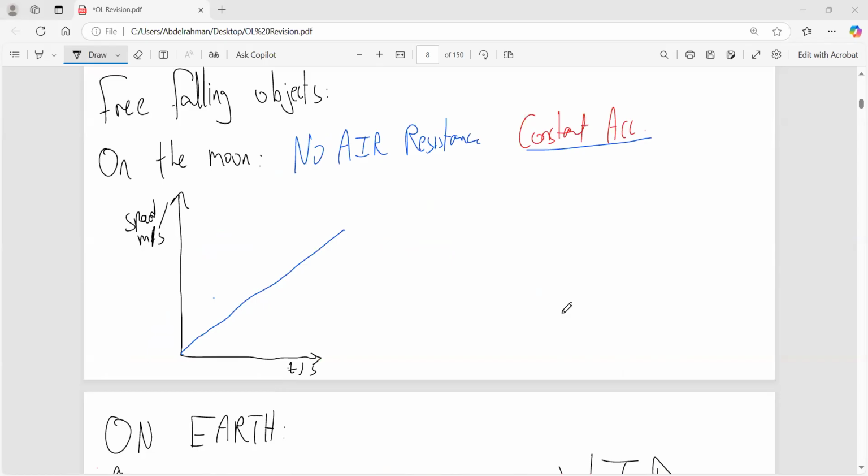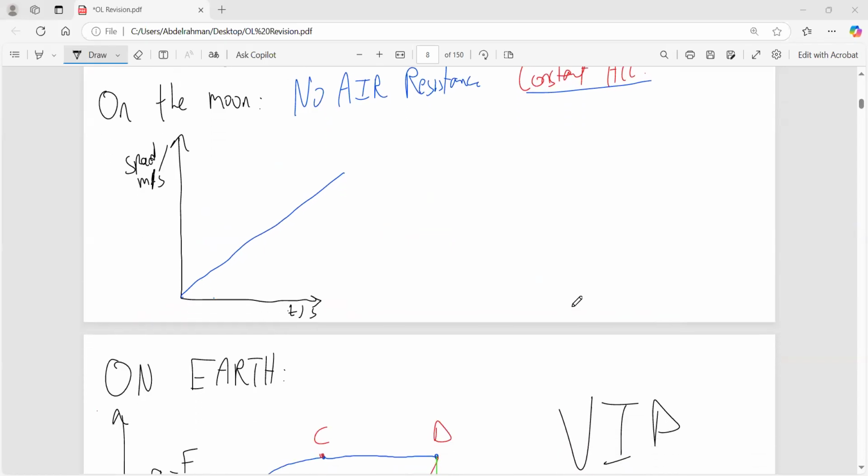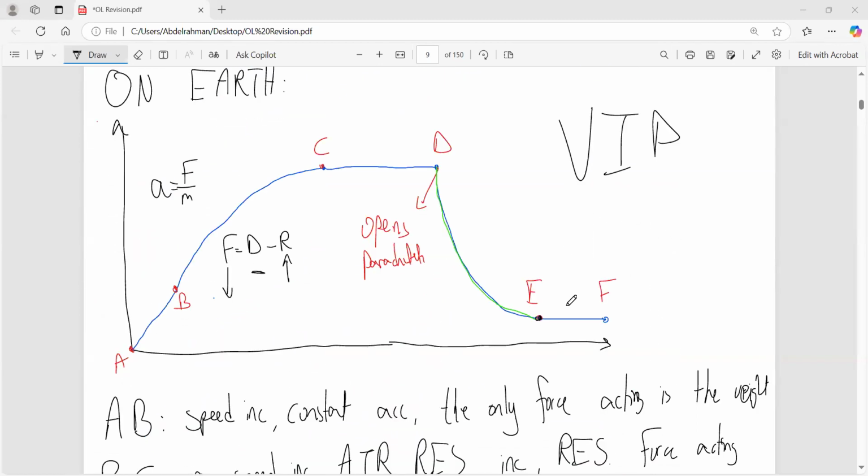Because constant acceleration has no air resistance. He would fall with a constant acceleration. But here, because we have air resistance acting on him, this is the speed-time graph. I have to write down here speed in meters per second, and time in seconds.